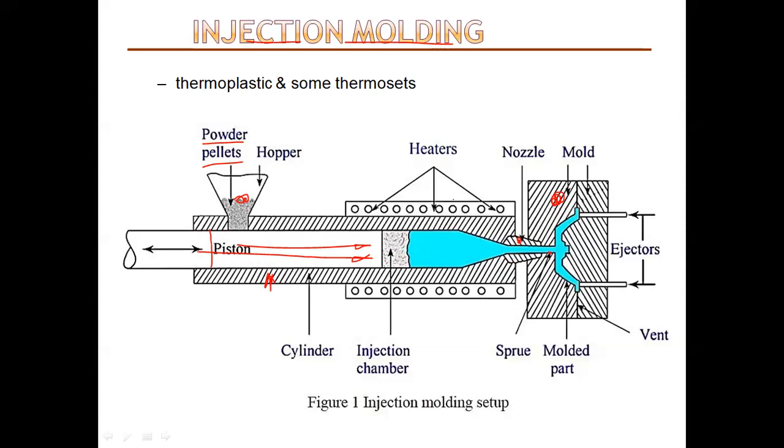Due to the heater, the plastic granules or material get injected into a mold through a nozzle and sprue. The mold is warmed before injecting, and the plastic is injected quickly into the mold to prevent it from hardening before the mold is full.